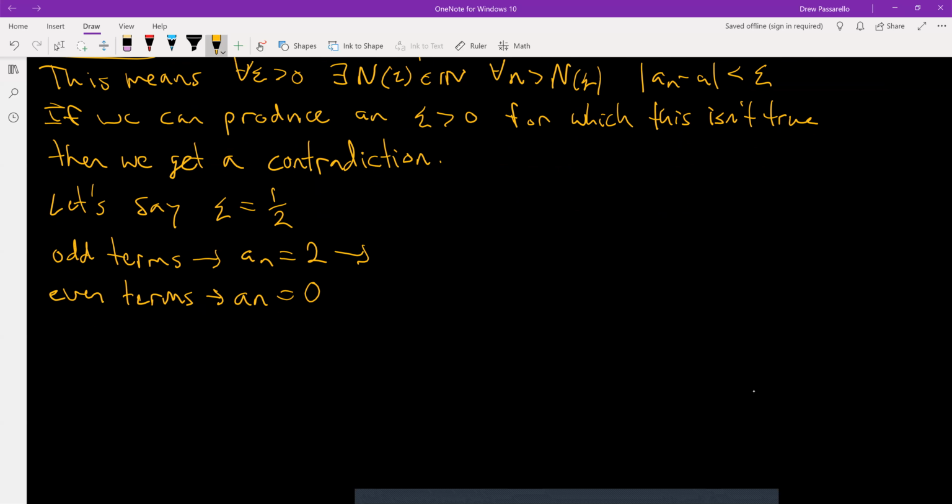That means the absolute value of a_n minus a is going to be equal to the absolute value of 2 minus a for odd terms, and for even terms it's the absolute value of 0 minus a, which is just the absolute value of negative a. Now we know for absolute values that the absolute value of negative a is equivalent to the absolute value of a.